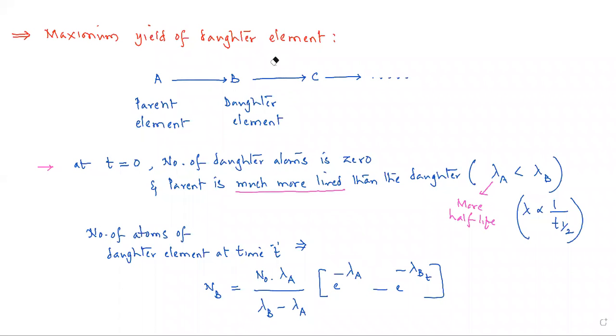It is like e power minus lambda into t. So this has to be minus lambda B based on the same relation what I gave. That is N is equal to N naught into e power minus lambda t. Just a modification of that. Okay. So this can be given as minus lambda A into t minus e power minus lambda B into t.